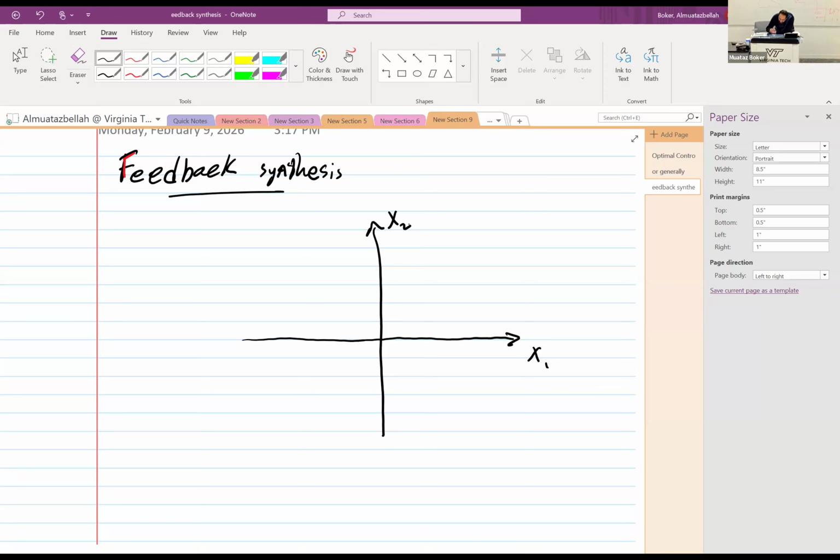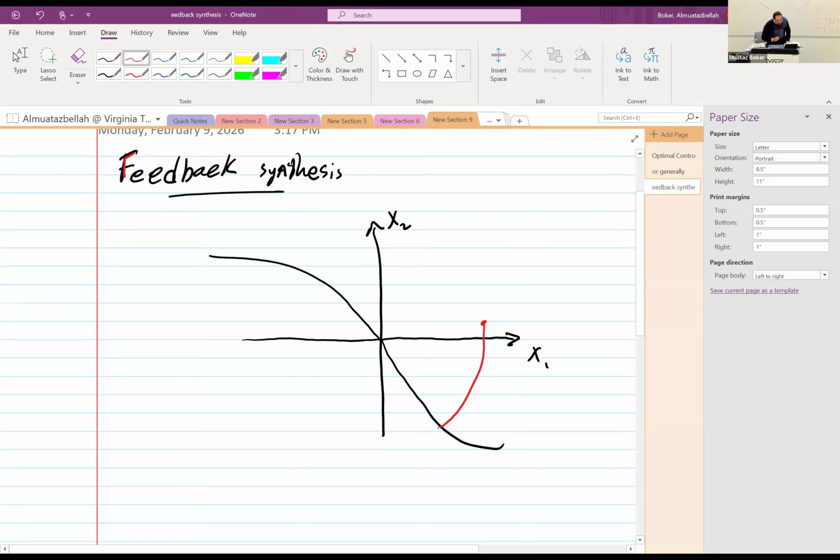Let's take this case here. Let's start here. If you start here, you have something like this, so this is u equal to A max.